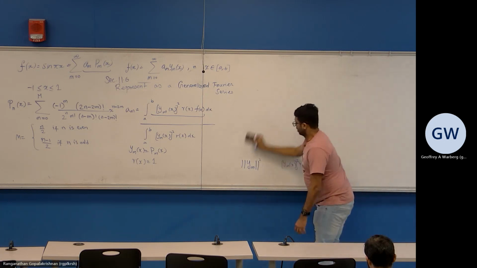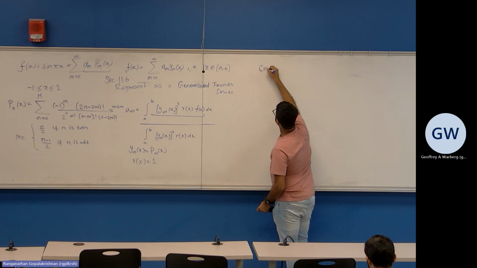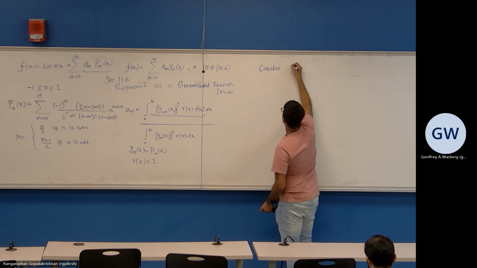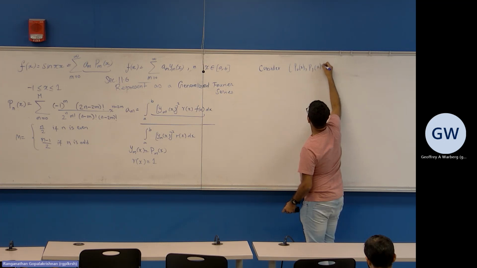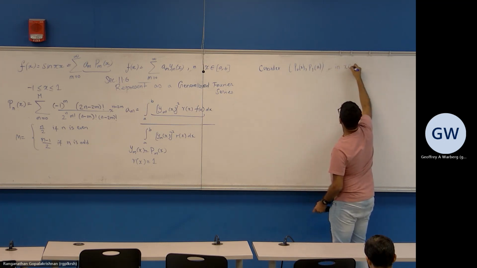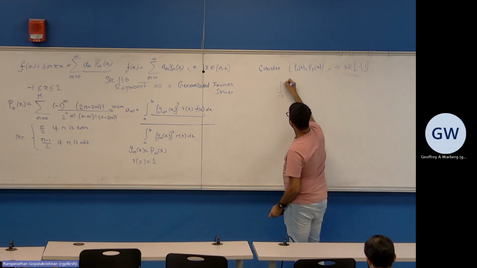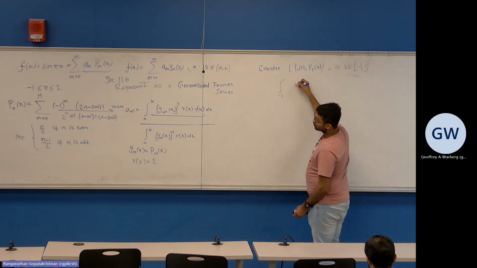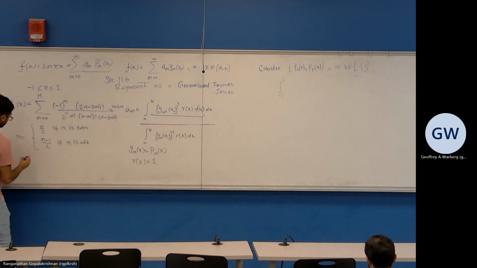So consider P0 of x and P1 of x in the interval -1 to +1. What is P0 of x? 1.